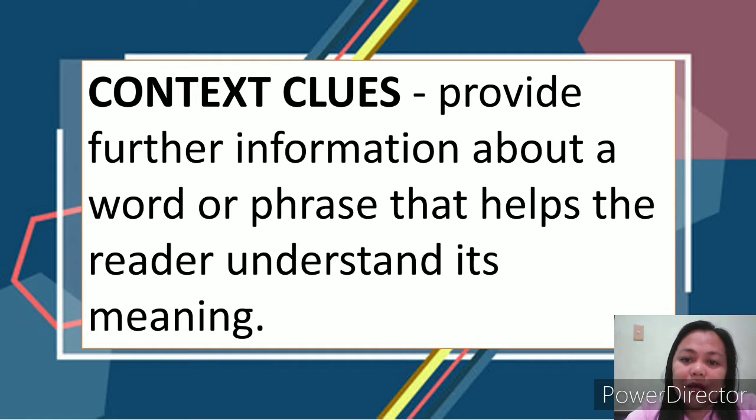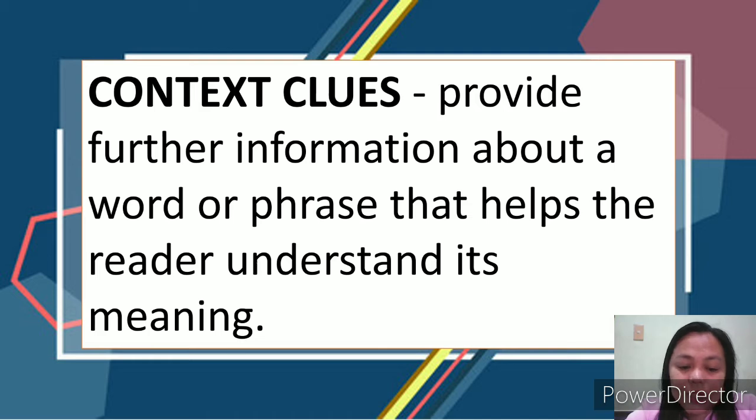Context clues provide further information about a word or phrase that helps the reader understand its meaning. So, if you read an unfamiliar or difficult word, look at the context and try to guess the meaning of the word.